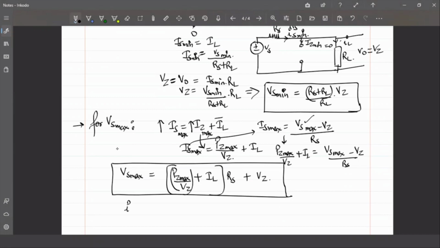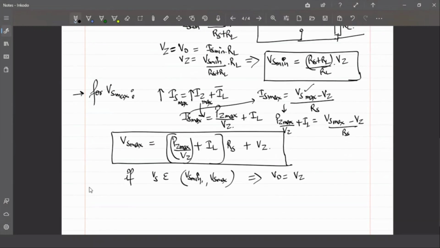So the condition is, if Vs lies between Vs minimum and Vs maximum, then the output voltage is equal to the Zener voltage.